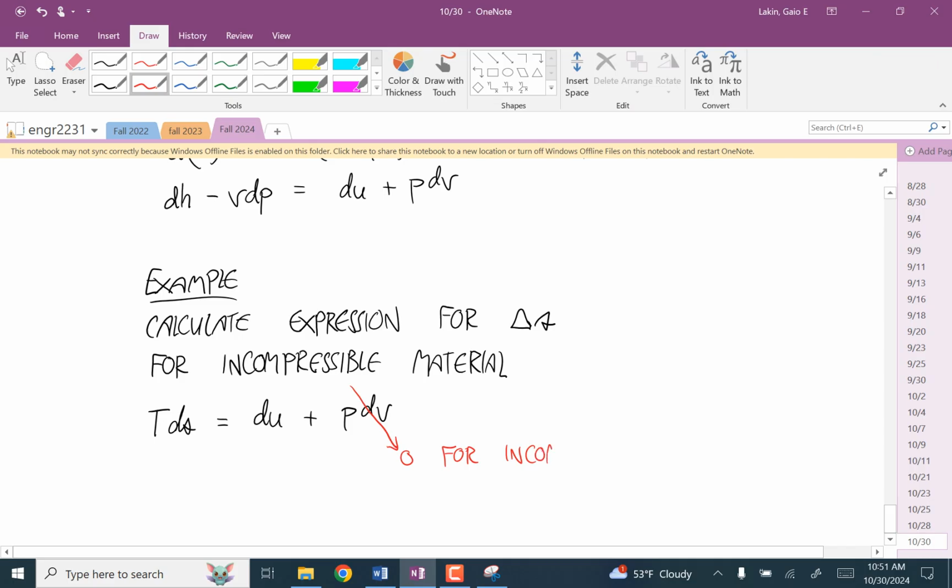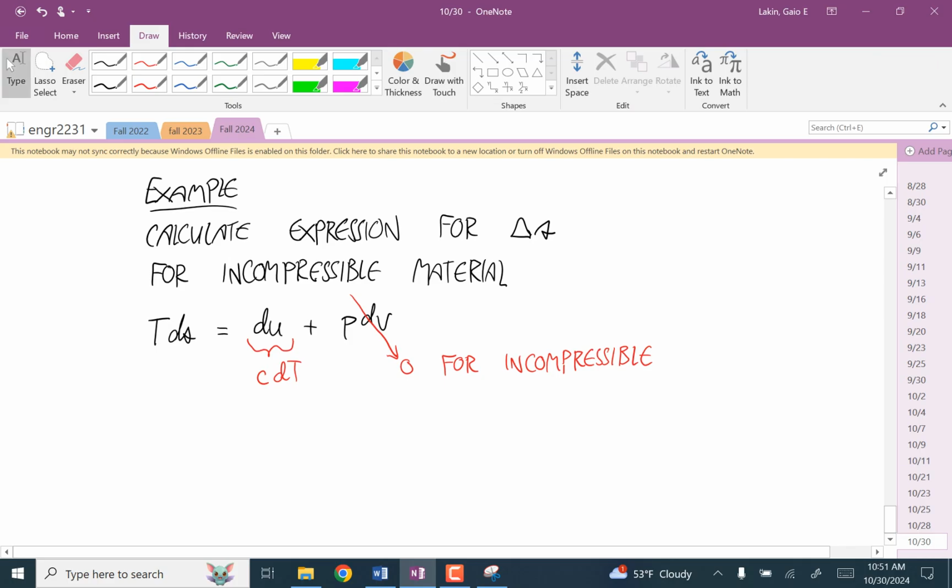That's like the definition of an incompressible material. And we also have, what you were just mentioning, Colton, at the beginning of class, that C is equal to dU/dT. So we can replace this dU with C times dT. And now we have this equation that says TdS is equal to C dT for an incompressible material.